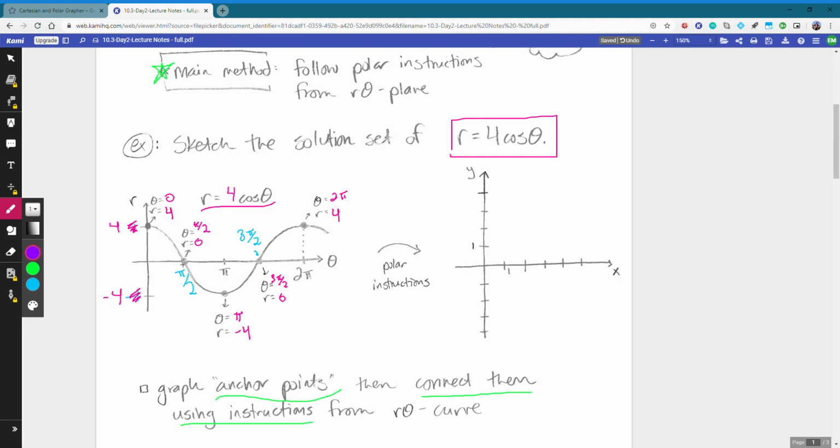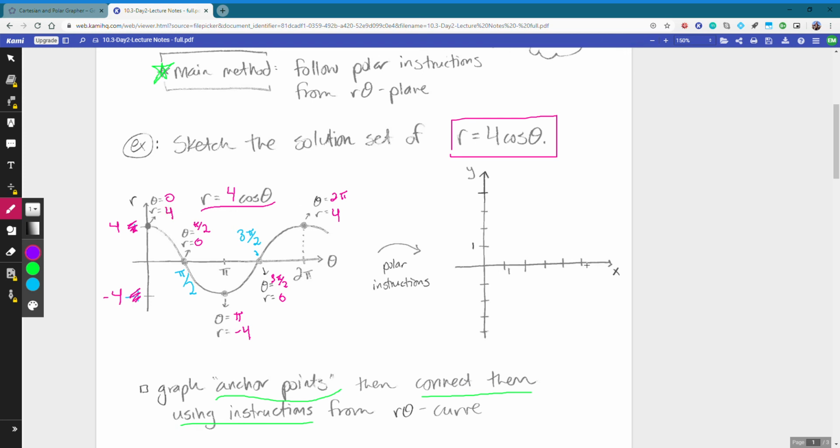Now, each of these I claim is telling us about a point in the xy plane that satisfies our equation, that has r equal 4 cosine theta. This first point here with theta equals 0, r equals 4, we can graph, right?